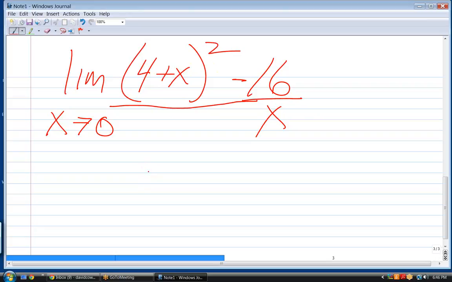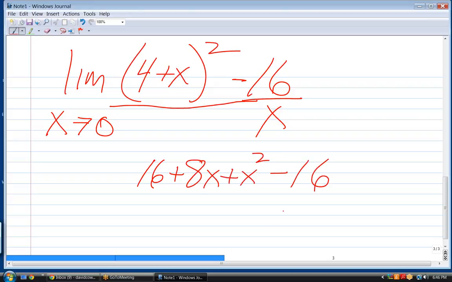Let's multiply that out. Now the 16s cancel. I can factor out an x.